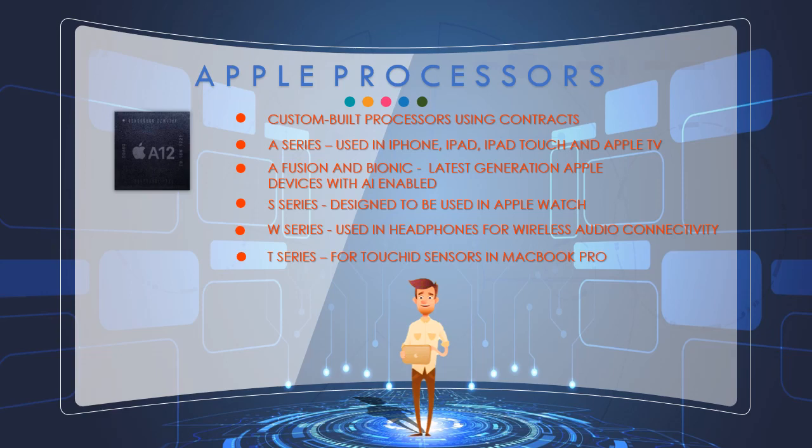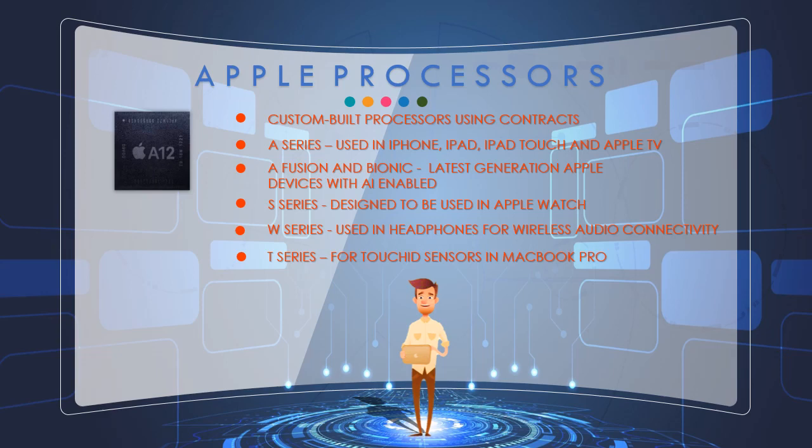There are a lot of series of Apple processors. The first one we are going to see is the A series. It is an A series processor used in some iPhones, iPod Touch, and Apple TV. It is the most common processor made for Apple products. Then the second generation of the A series, which is A Fusion and A Bionic.